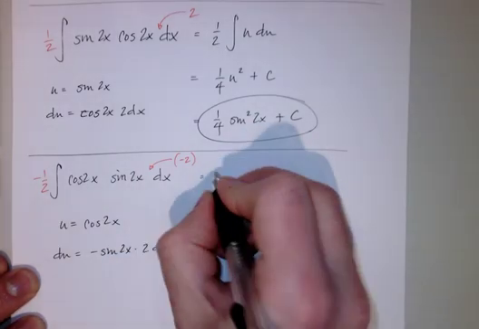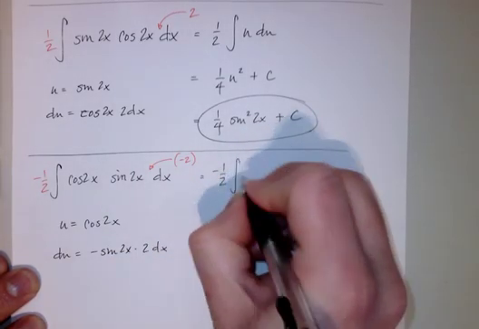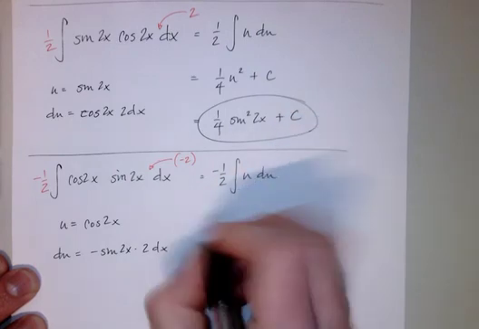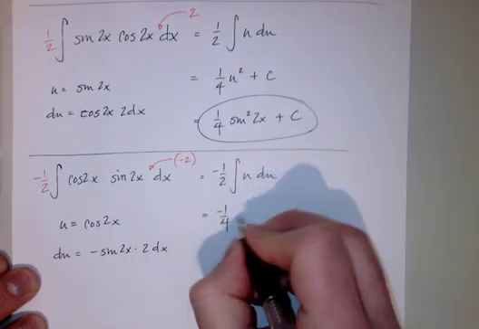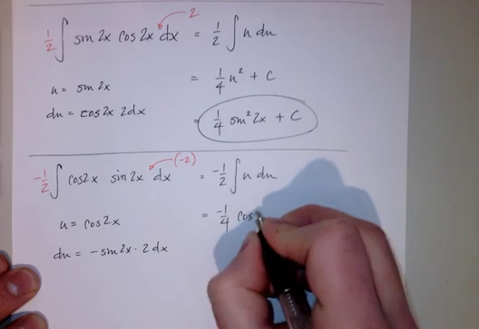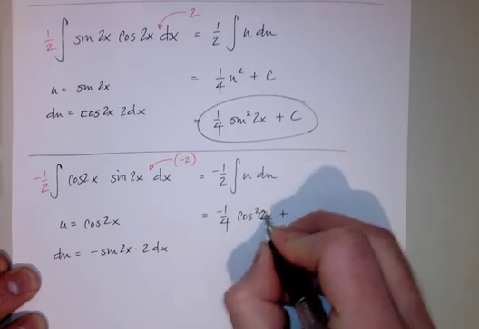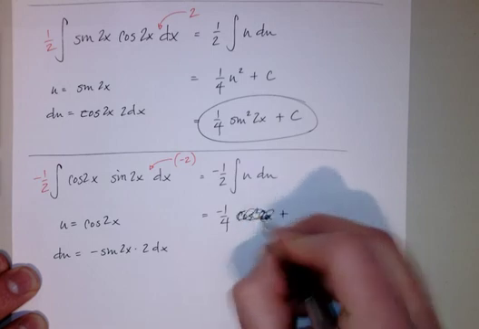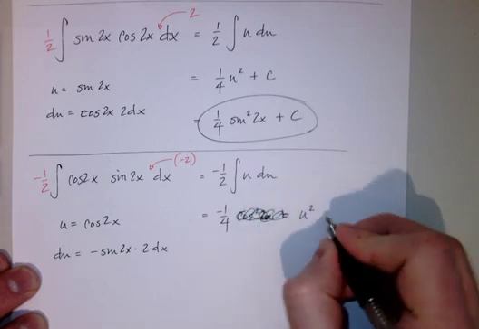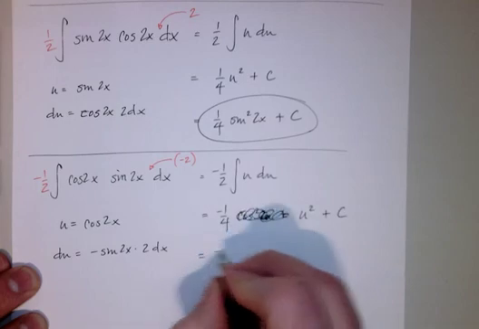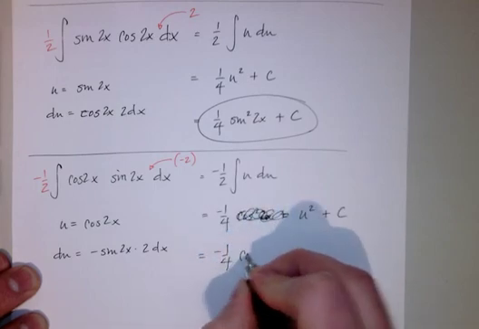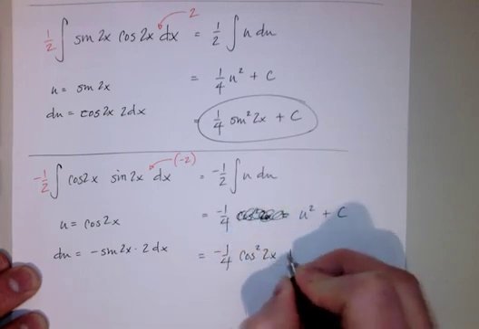Therefore that's negative 1/2 u du, which becomes negative 1/4 u squared plus c, so negative 1/4 cosine squared 2x plus c.